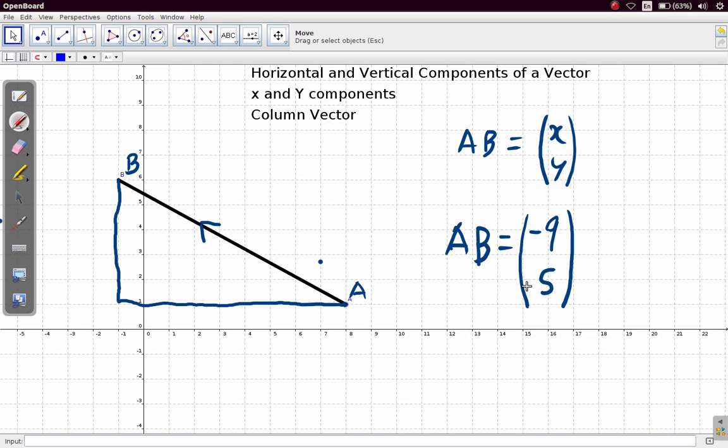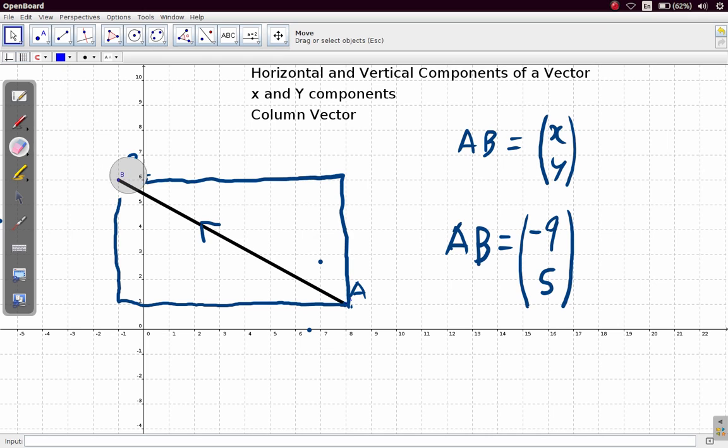It means you move from A to B if you move from A, 9 to the left and then 5 upwards. Alright? You could very well have moved 1, 2, 3, 4, 5 upwards first, then 1, 2, 3, 4, 5, 6, 7, 8, 9 to the left. You end up at B just the same. Alright?